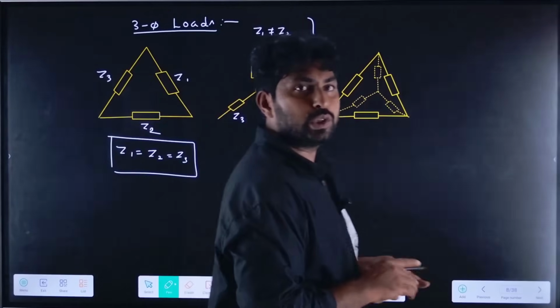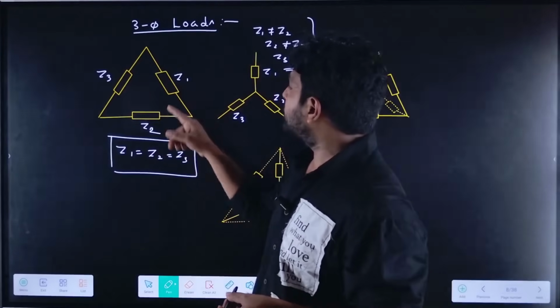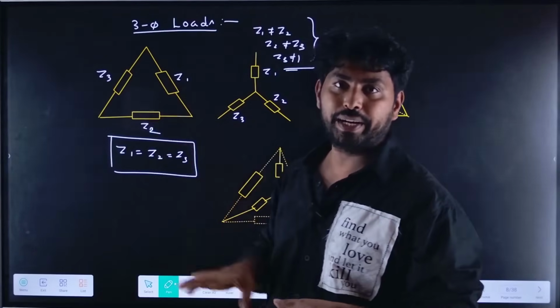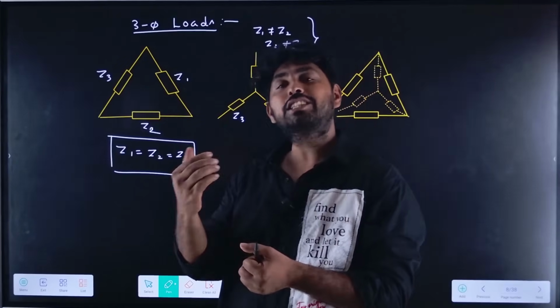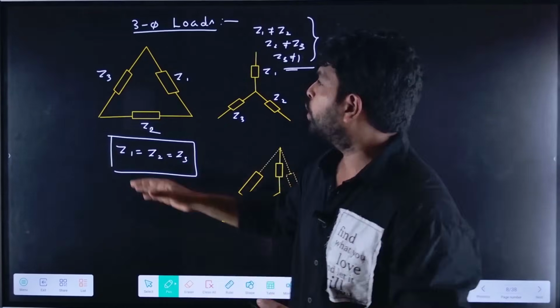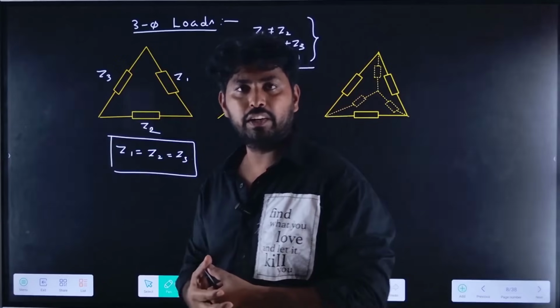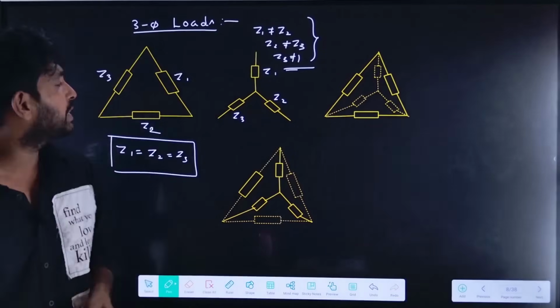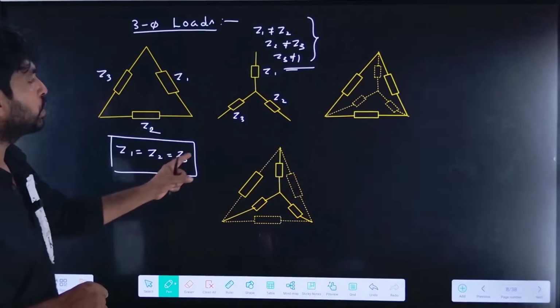Because if the three phases have equal impedances and are given a balanced supply voltage, the current will be the same in each phase. So it is called a balanced load when Z1, Z2, Z3 are equal.